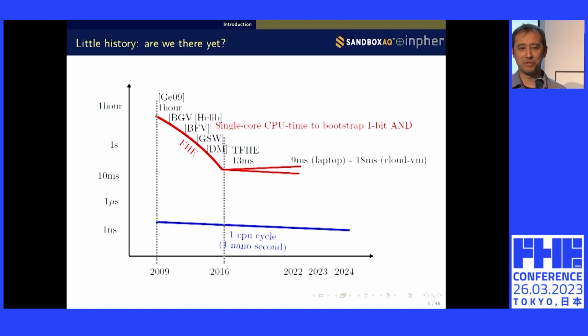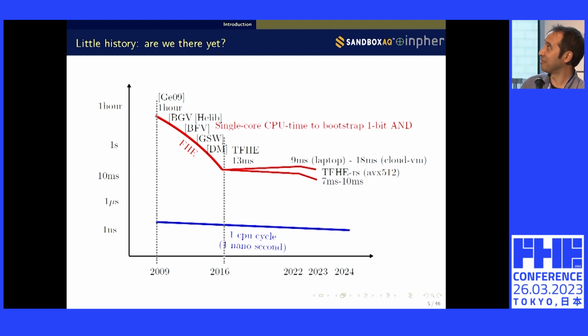And for some obscure reason that I still do not understand exactly, on a cloud VM, the 13 milliseconds become 18 milliseconds right now. So thankfully, in TFHE-rs, Zama's team has included AVX-512 to balance a little bit this increase. But overall, the curve has been flat until now, and there is still a 1 million X gap between the plaintext and FHE.